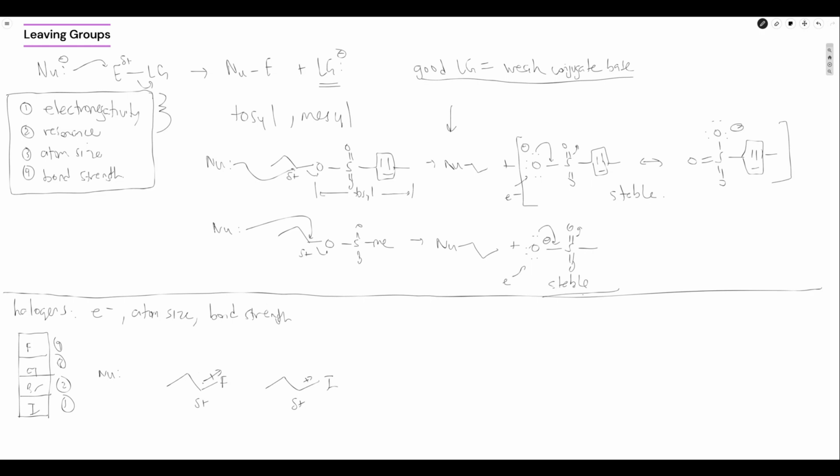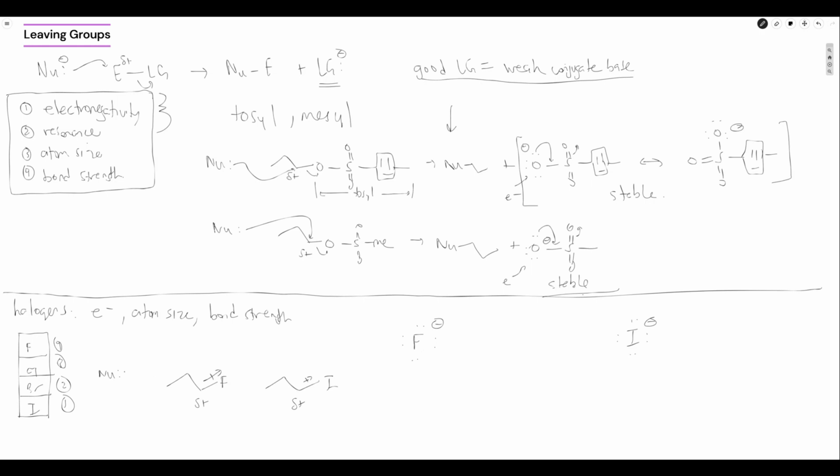But the fluorine is so much more electronegative than the iodine, so you might expect the fluorine to be a much better leaving group. After all, fluoride has an extra electron, and fluorine should be very happy with that. It's very electronegative. And iodine is less electronegative. So why should it be happier with the extra electron after it leaves as the anion?